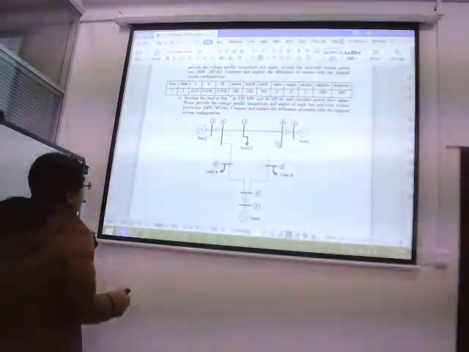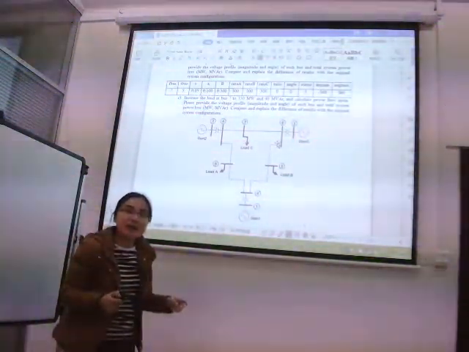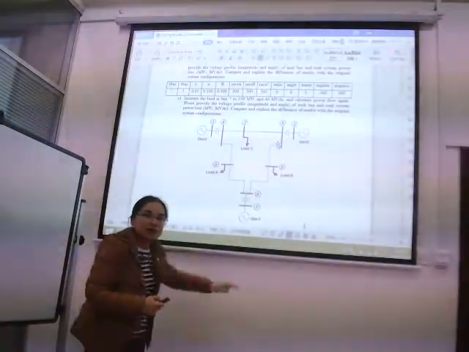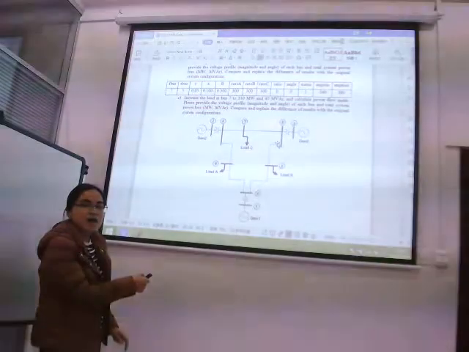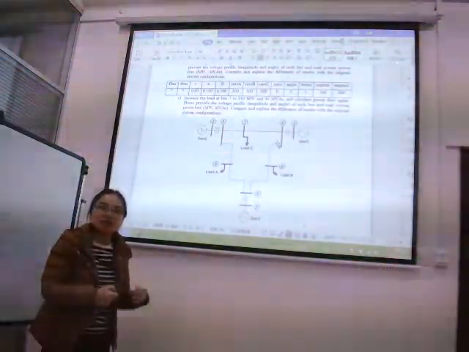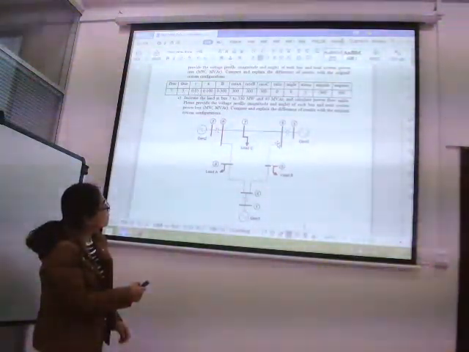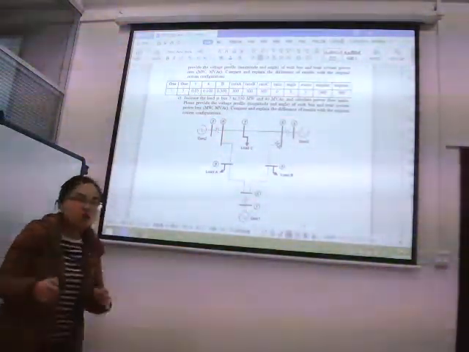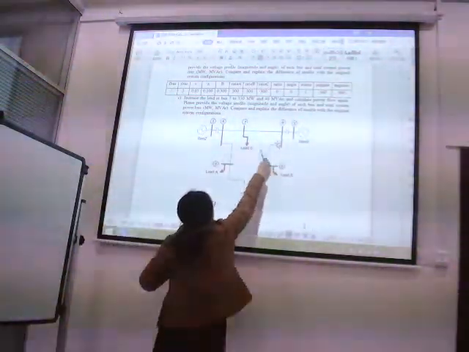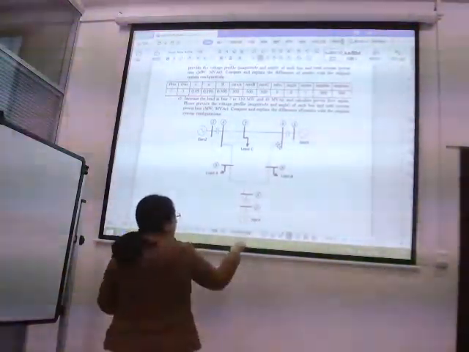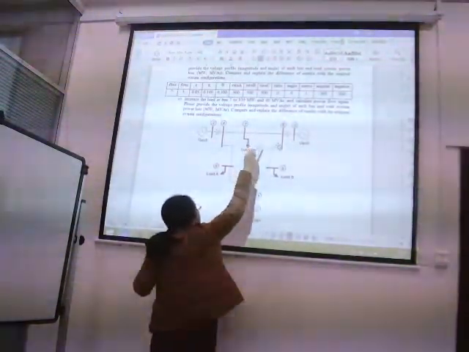Because all the load demand increase at bus 7 has to be provided by generator 1. Then what's the direction of the power flow from here to bus 7? Bus 1 to 4, 4 to 5, 5 to 7. The power flow has to flow in this direction, from bus 1 to bus 4, then bus 4 to bus 7, then bus 5 to bus 7.